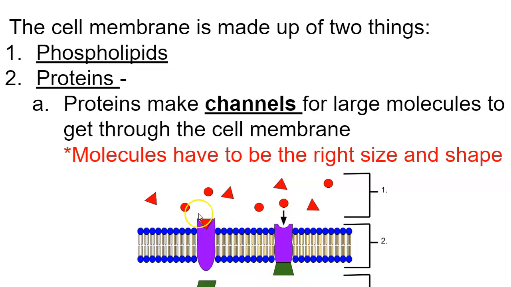You'll see down here we've got a triangle-shaped molecule binding to this triangle-shaped opening in this channel. Circular molecule binding to the opening here in this channel. They have to be the right size and shape. And this is why we say proteins are specific. They only allow certain ones to come through.